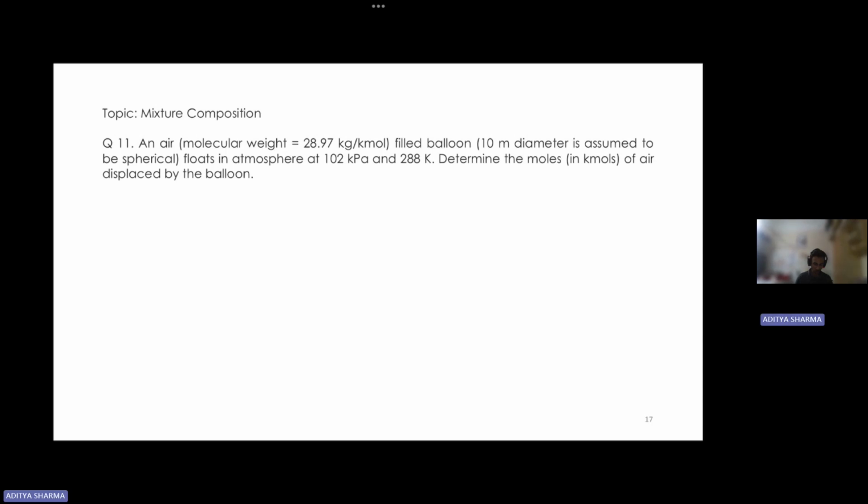It talks about a balloon whose diameter has been given and the atmosphere in which it floats has also been given. Now it asks for the amount of moles that have been displaced by this balloon. We have kept this balloon as spherical. Okay.